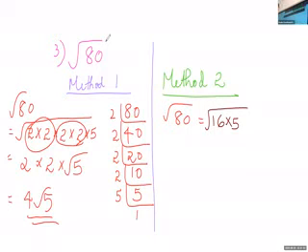Just look at the prime factorization. 4 2's together, you are getting 16, right? From there also you will get the answer. It is root of 16 into 5.